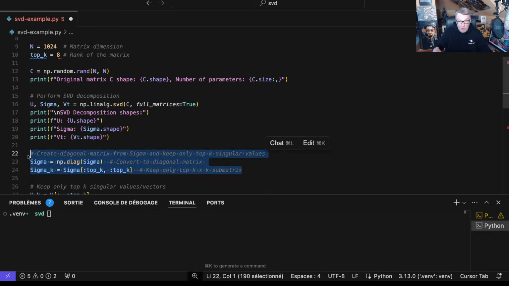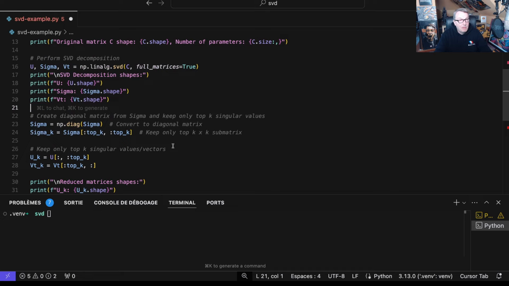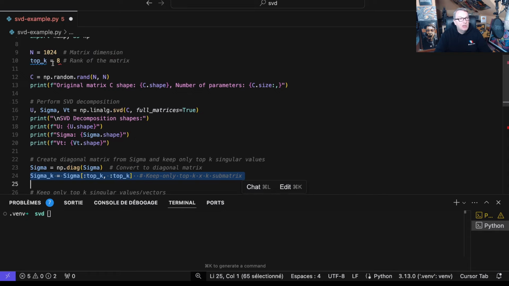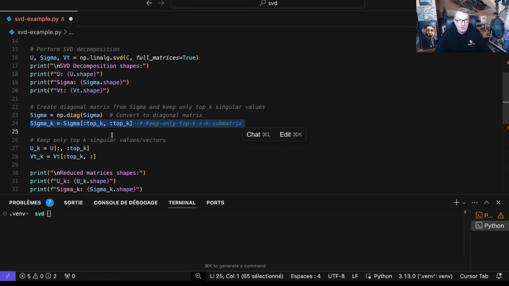Okay, so the singular values in descending order on the diagonal and zeros everywhere else. Then we keep only the top k values, and here top k is 8, same as on the previous slide. We do the same for U and V transpose.